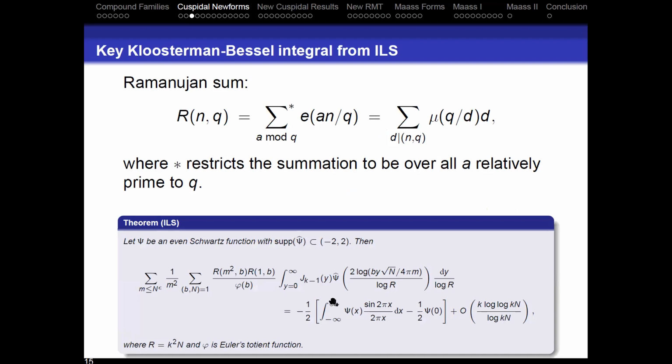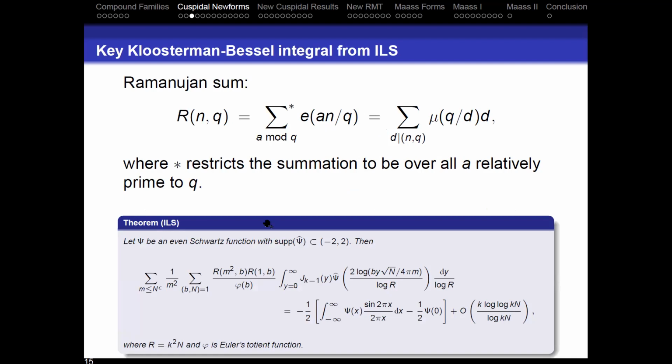So the first is we have a Ramanujan sum. If you see Ramanujan's name attached to something, probably a good thing to look at. Lots of wonderful properties about Ramanujan sums. It's basically summing e to the 2 pi i a n over q, where a runs over the invertible elements mod q. That's what the star means.